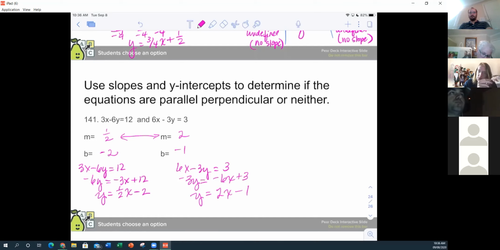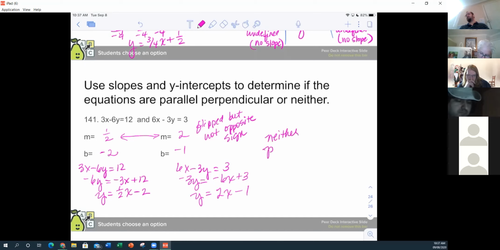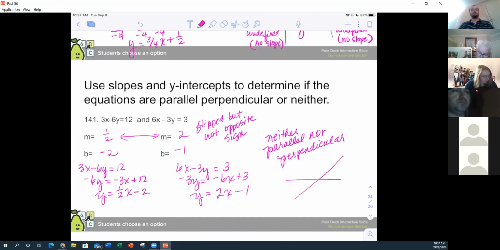But they're flipped, but they're not opposite sign. So that means they're neither. So that just means that they intersect at some spot, but not at right angles.